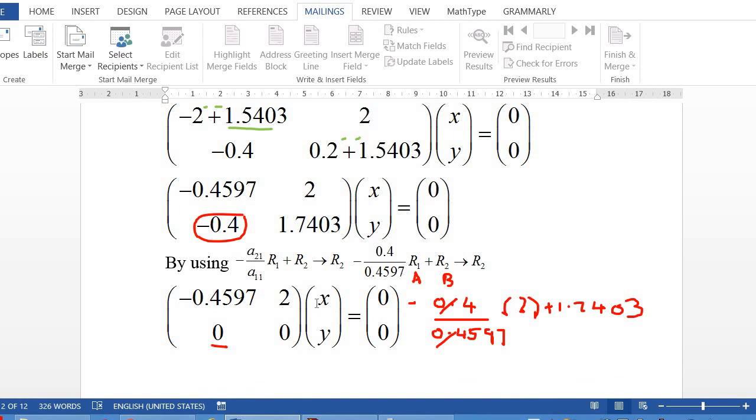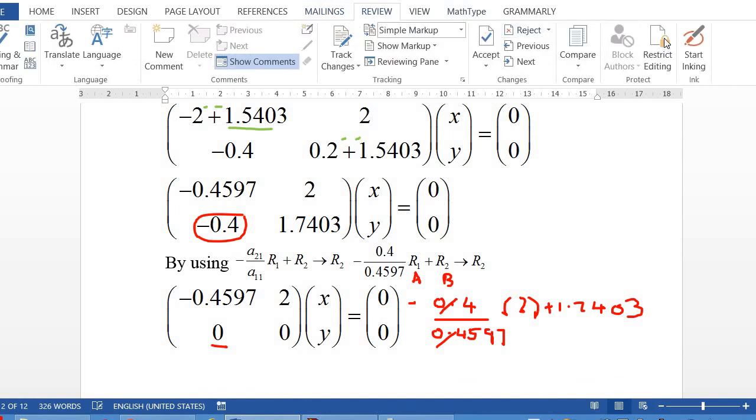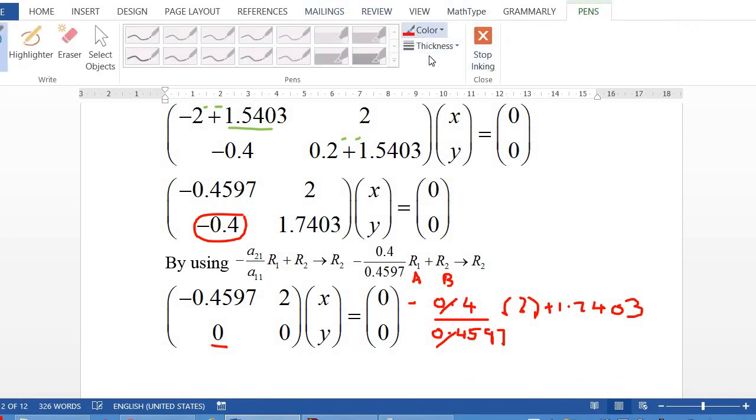Again we have two unknowns. Now after the row operation, we notice that the second row reduced to 0x plus 0y equal to 0.